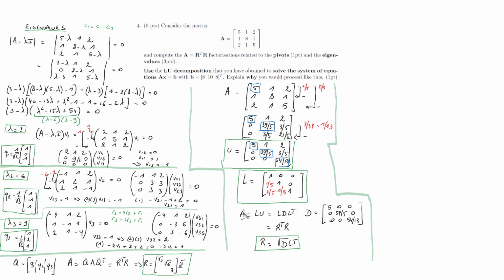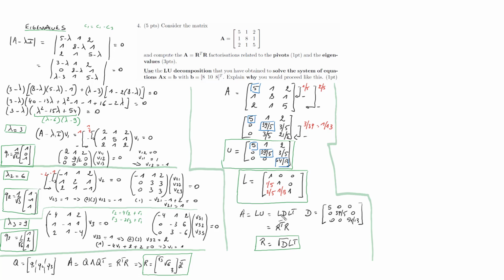And A is L times U, and in L you take an identity matrix and put the multipliers at the right spot. If you check L times U, you should obtain A. Since the matrix is symmetric and the eigenvalues and the pivots are positive, you have a positive definite matrix. You can also obtain this type of factorization, L D L transpose, because the matrix is symmetric, and in this matrix D you will have the pivots.